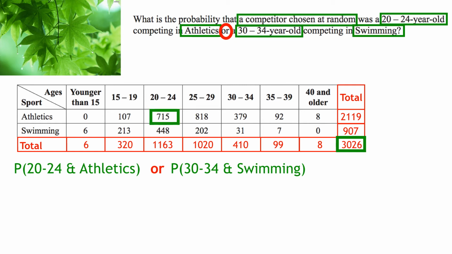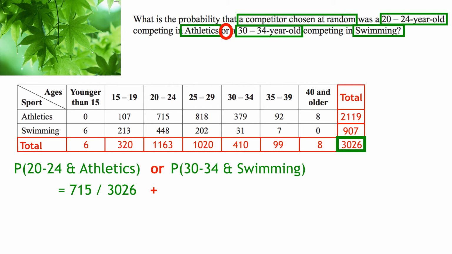So I'm going to start by saying, right, well, there are 715 competitors who are doing athletics and are in the 20 to 24-year-old age group. So that's a probability of 715 out of the 3,026. Because remember, we're talking about competitors chosen at random. Okay. Or means plus.